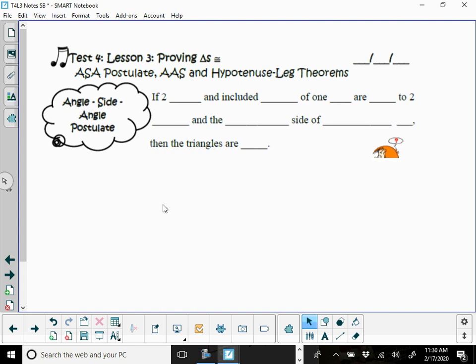All right, so let's just get started with our definition here of angle, side, angle. I'll write it first and then I'll read it to you and discuss what it means.